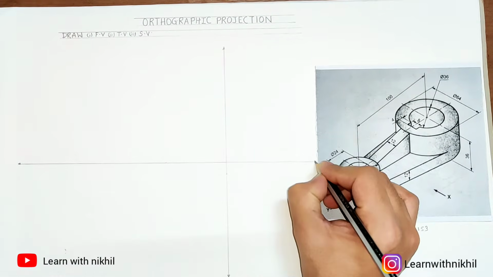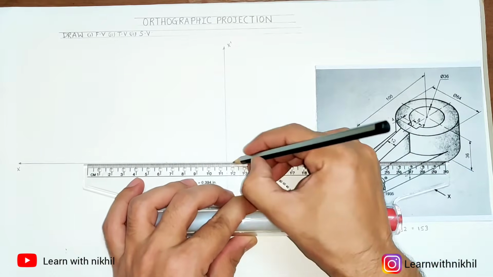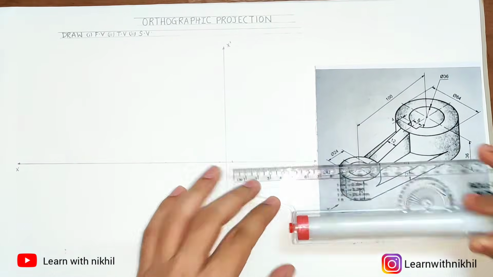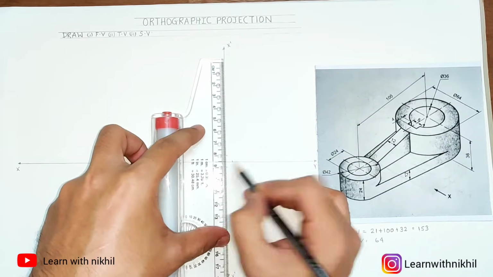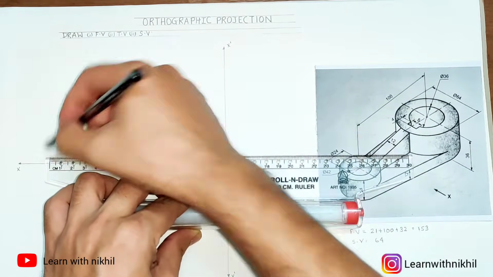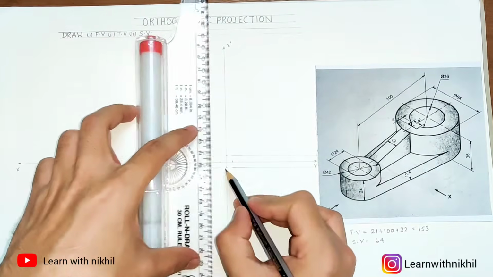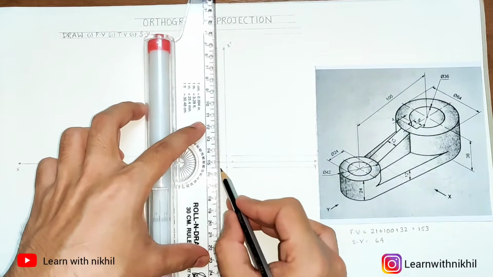So before moving to the actual view to draw, you know we take 5 millimeter spacing from the axis. So at that line we can draw the actual views. So 5 millimeter apart we will draw the lines, and on those lines we will draw the views.